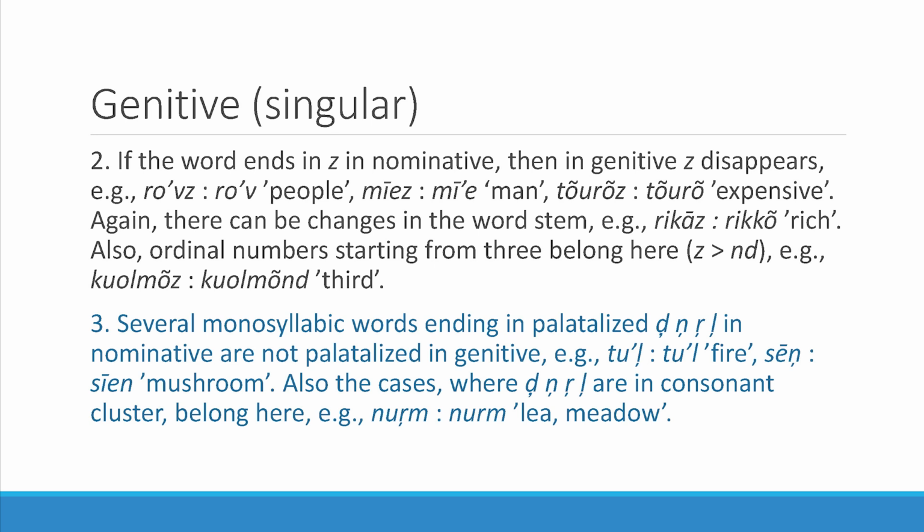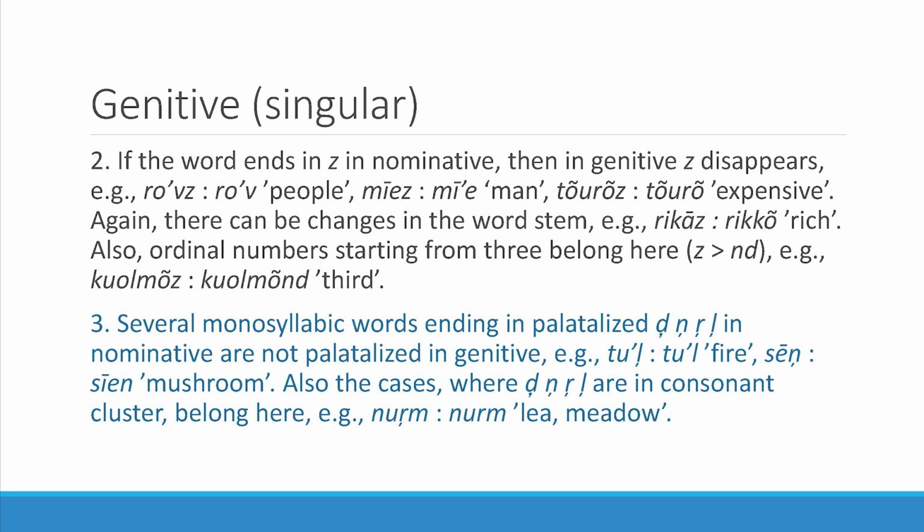And the third exception concerns some monosyllabic words that end in a palatalized consonant. So I point out that it's only several, it's not all, but only some monosyllabic words. And in genitive case, this palatalization disappears.